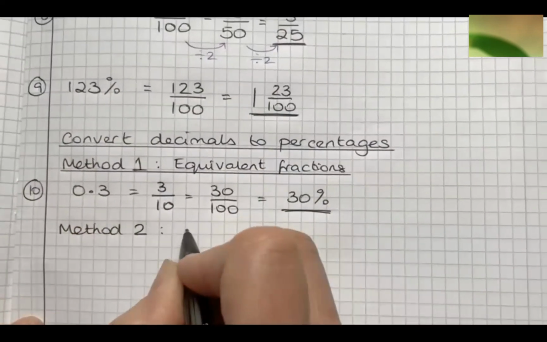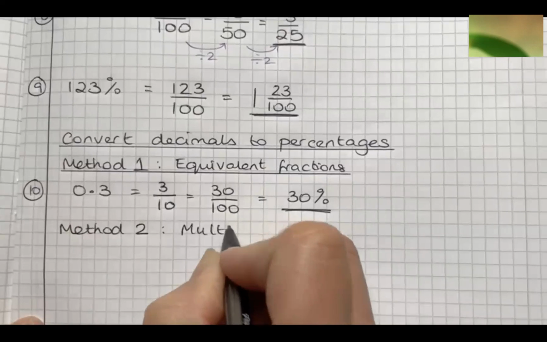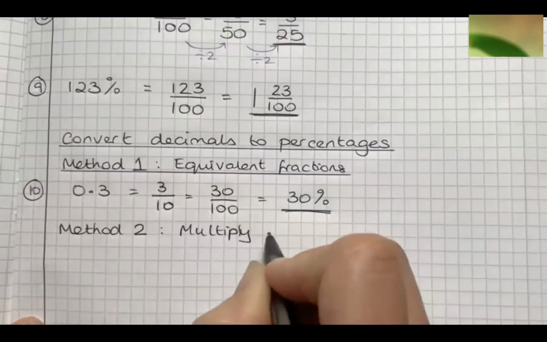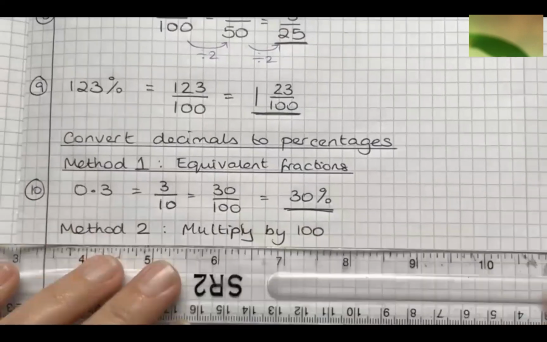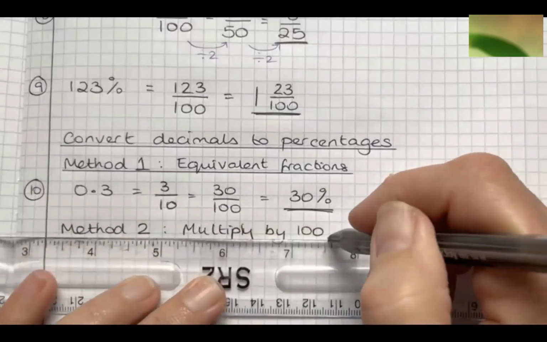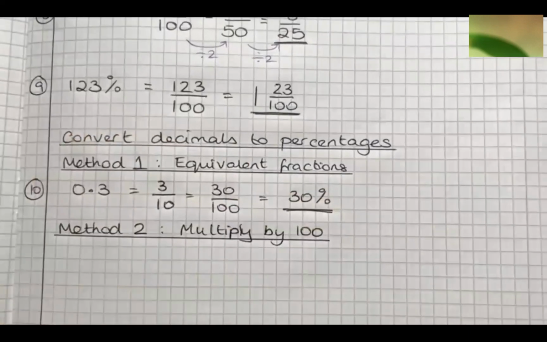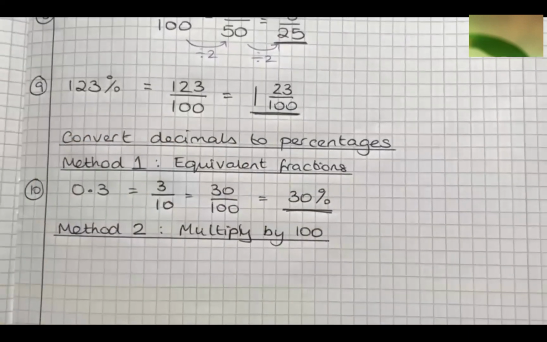is we simply multiply by 100. Now, for those of you who have listened to some of my other lessons, you know that we can also call this the Beyonce method. When we multiply it by 100, we move the place value to the left 2 times, to the left, to the left.